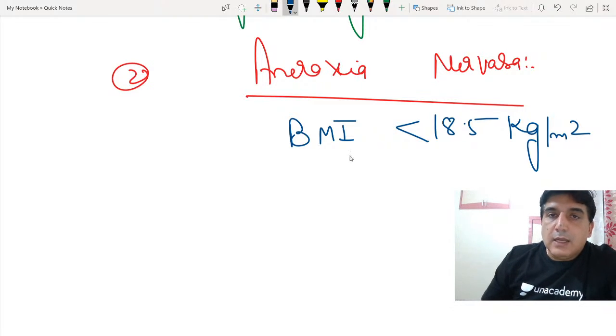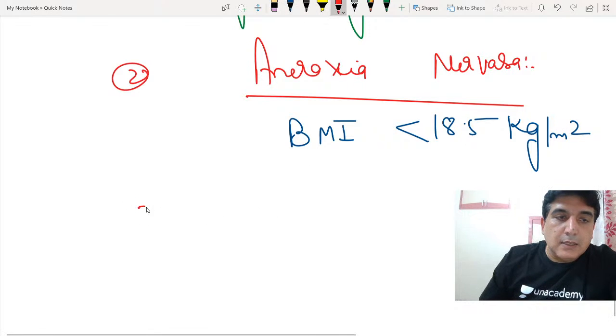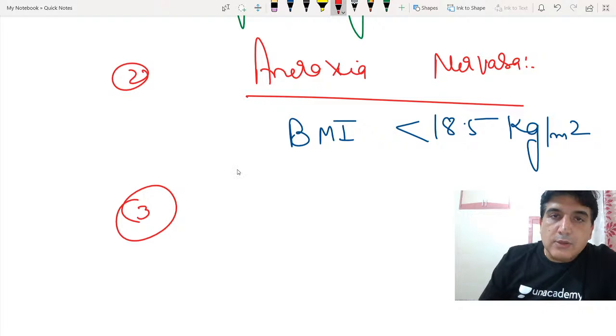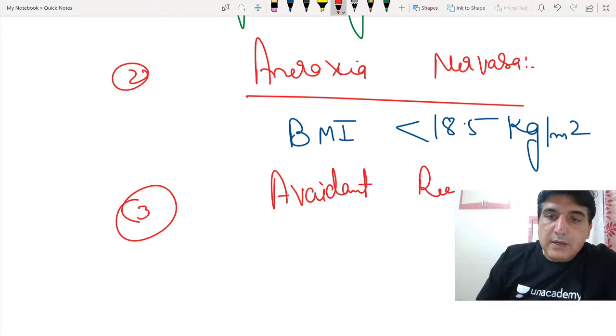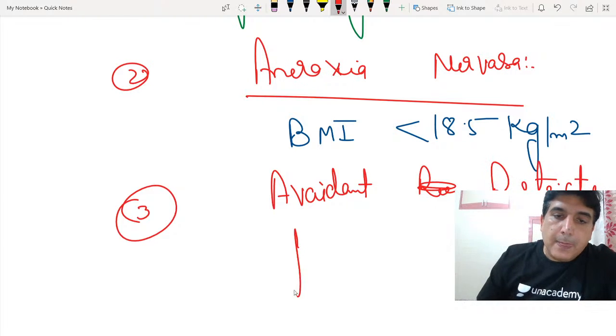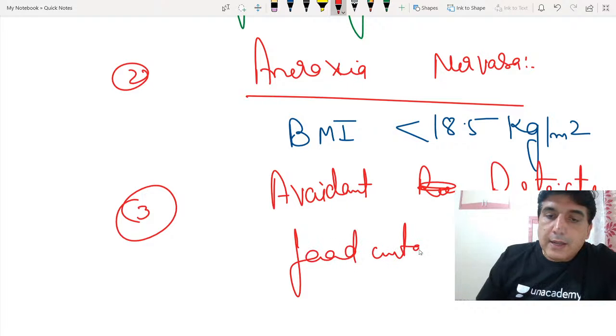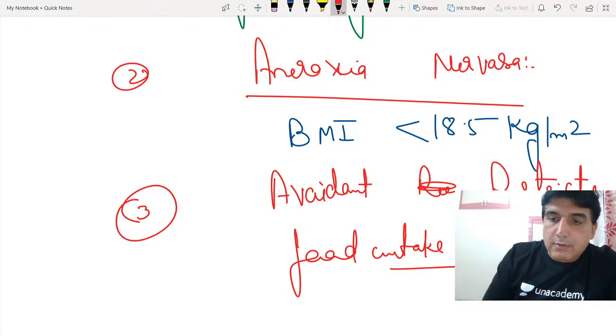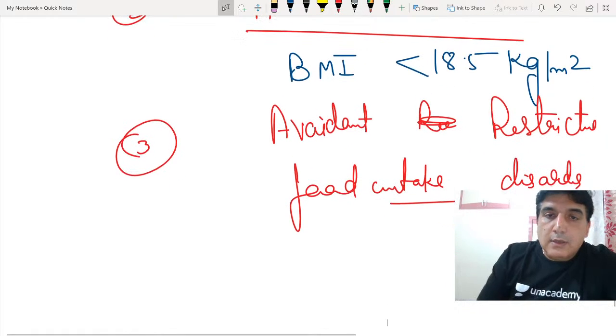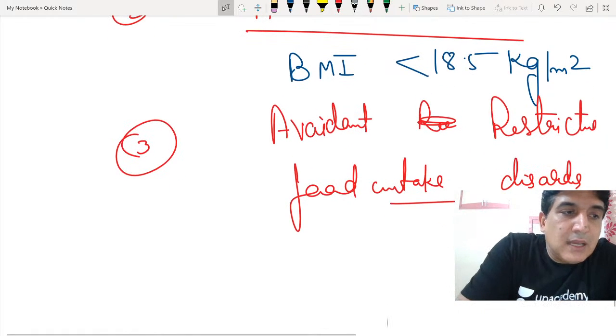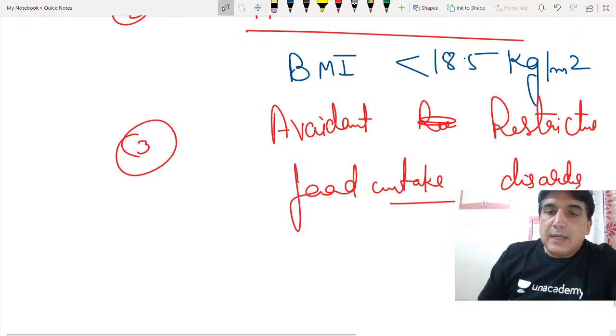In anorexia nervosa criteria. And apart from that, we brought one more new diagnosis in eating disorder. It's avoidant restrictive food intake disorder. In this, the patient takes an insufficient amount of food.